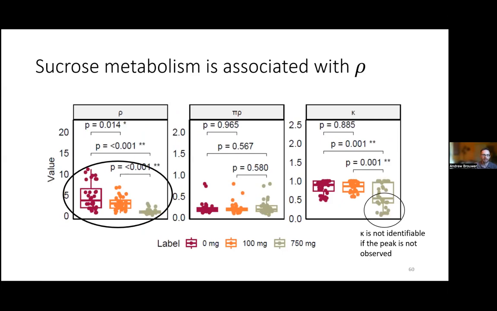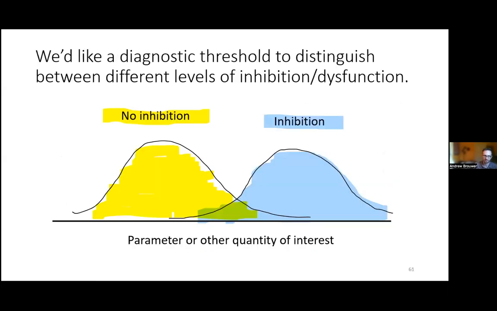And if I look, primarily it's associated with rho, that first parameter that's kind of capturing that gamma distributed process. So we have decreasing values across the board. Not much change here in pi rho, and not so much in kappa. Here, this is not identifiable. Kappa is not identifiable if you don't observe the peak, because you don't really know if it's going up or coming back down. So we're not going to worry too much about that difference there.